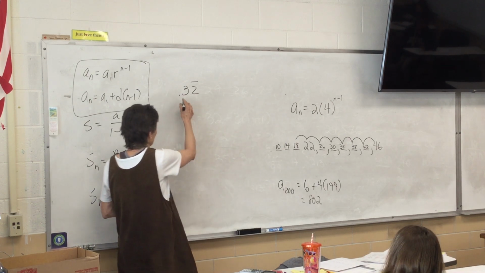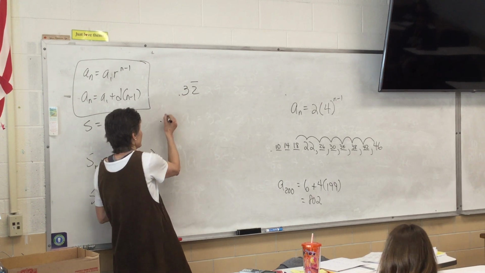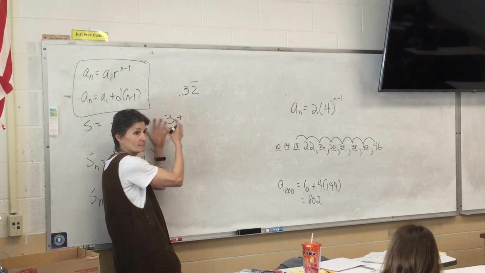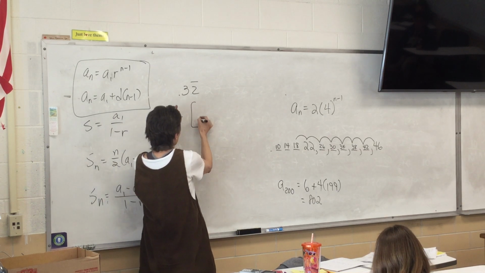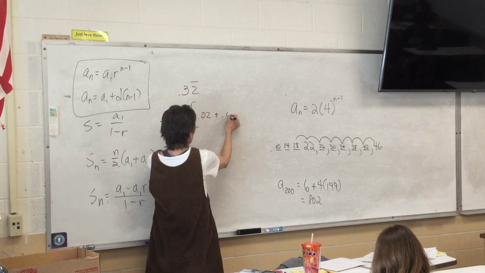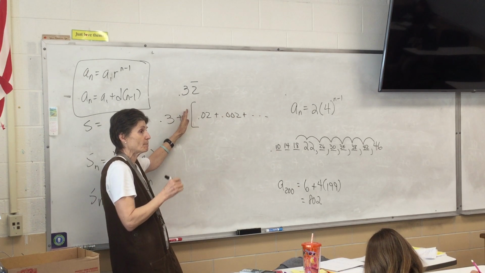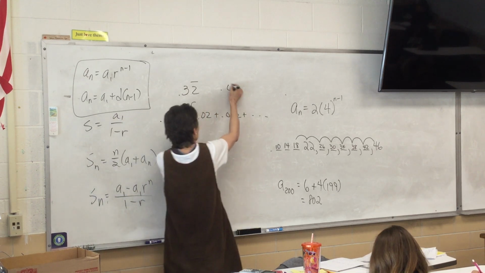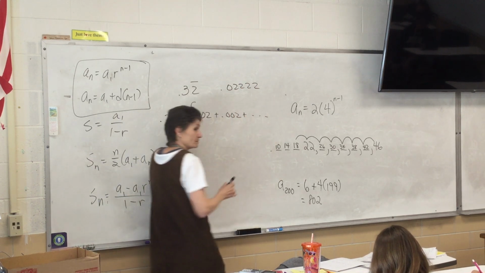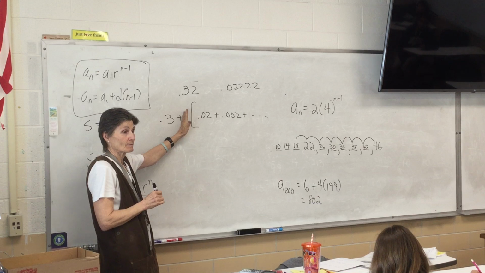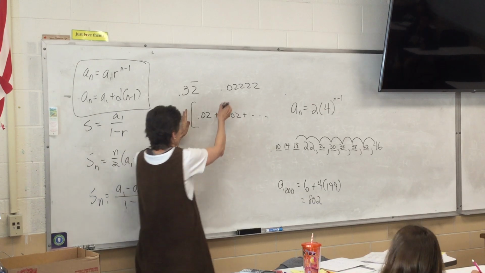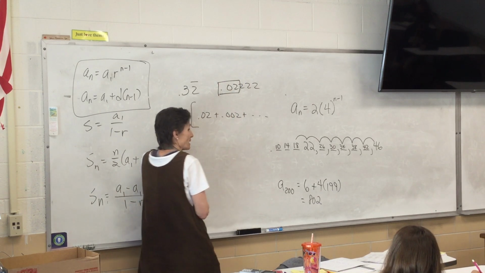Exactly. So I pull that 0.3 off, and it's going to have to be separate. And then I've got 0.02, 0.002, and so on. That's what I'm actually adding up, the 0.02222 part. So my first term is right there.